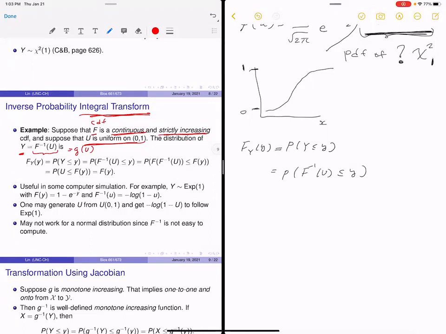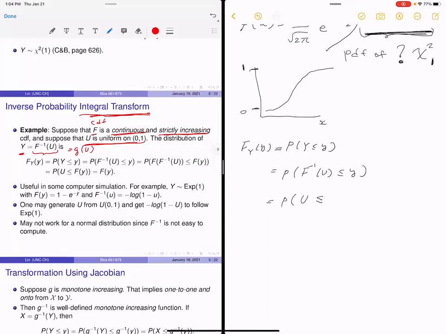From the previous two examples, you are really trying to work hard to put your old random variable U or X on the left hand side. Even though I know the transformation is Y equals F inverse of U, you need to try your best to isolate the old random variable. In this case, I can easily do it.